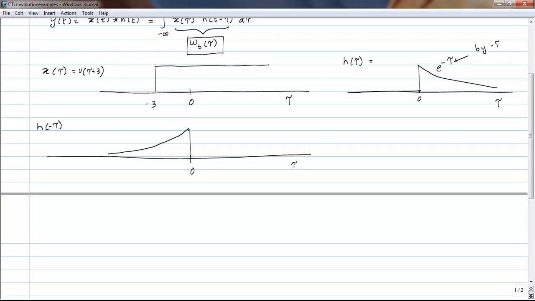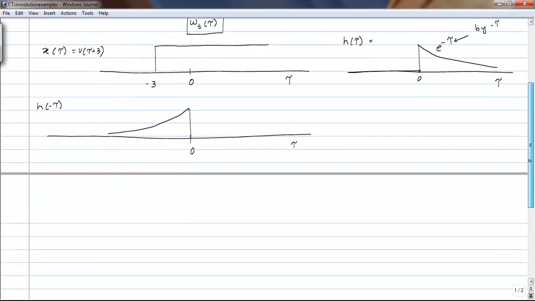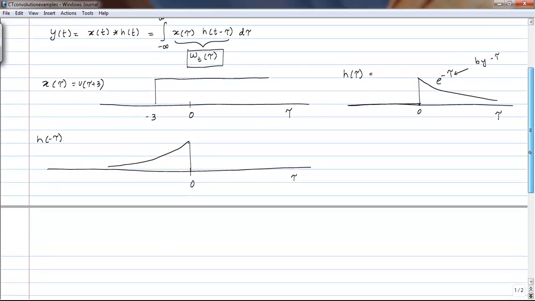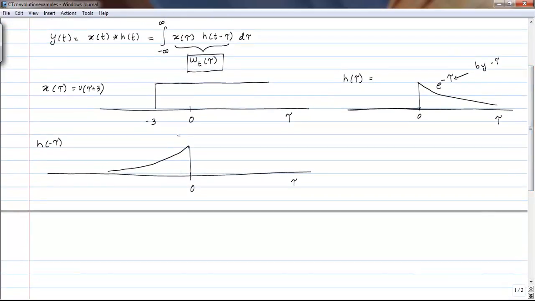Now one of the main difficulties in convolution, or one of the important things to keep in mind, is that when you shift h of minus tau by t and then you take the product of h of t minus tau and x of tau, the resulting function w sub t of tau may actually have a different mathematical expression or a different functional form for different values of t.